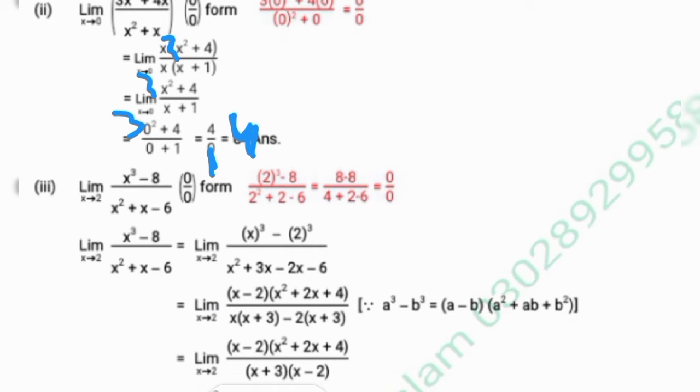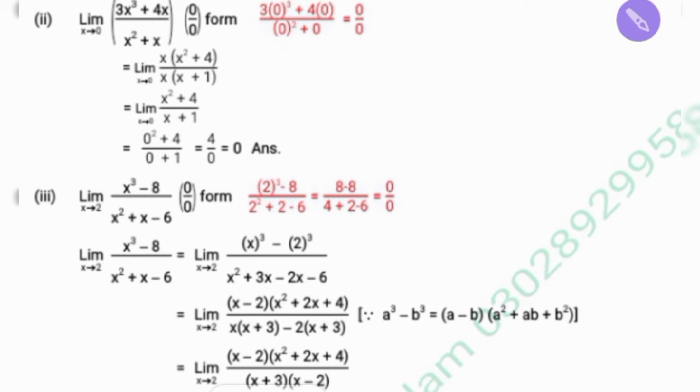Now we will simplify the third part. As there is x cube minus 8 over x square plus x minus 6, we will put the value of x, that is 2 here. X cube means the value of x is 2, 2 cube minus 8 will be written. The value of x is 2 and there is x square, so we will write 2 square.